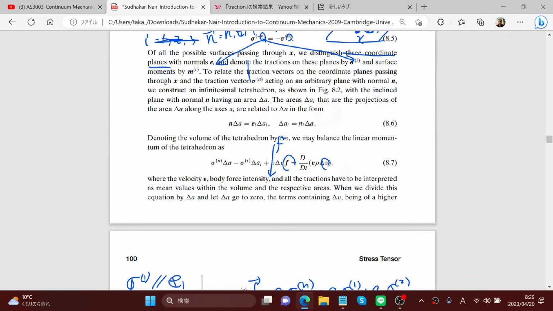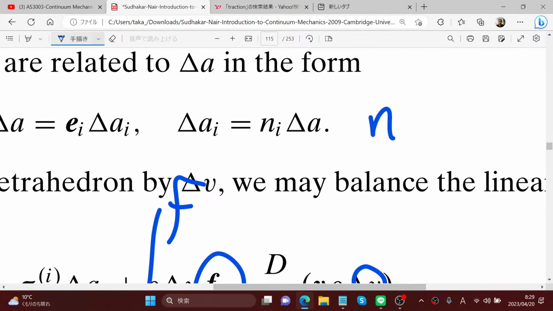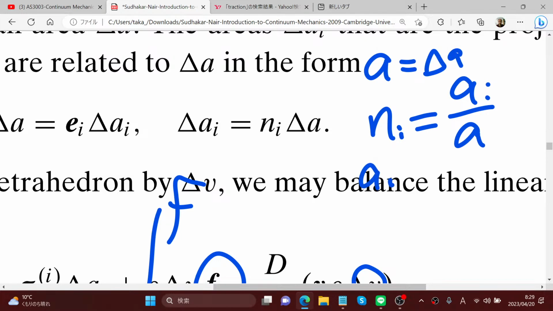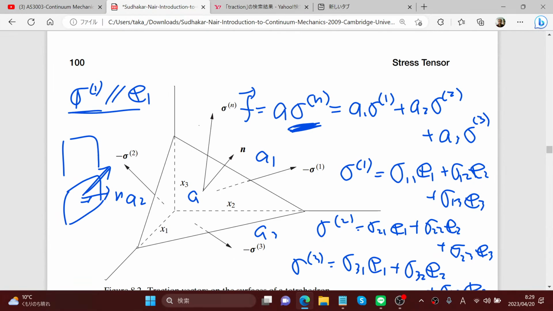You can see here, this Ni is actually A_i over A, because I set A equal delta A, A_i equal delta A_i. Okay, so in this case, this is a force balance.